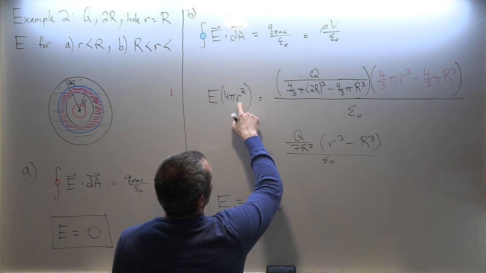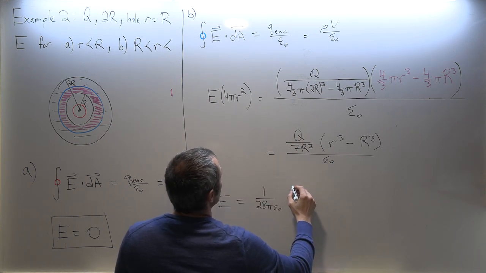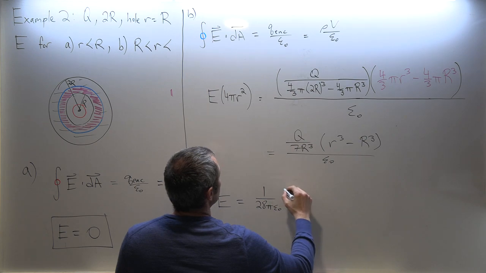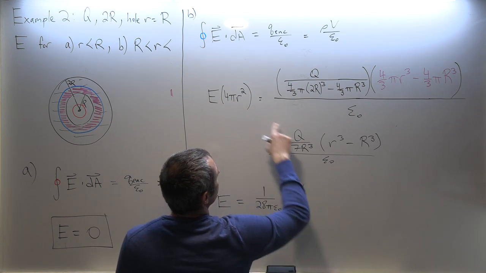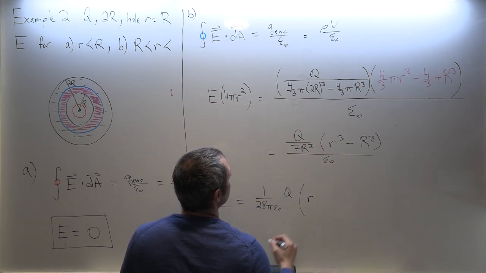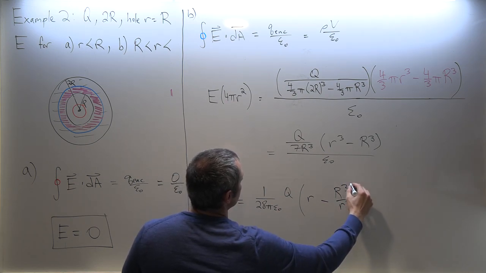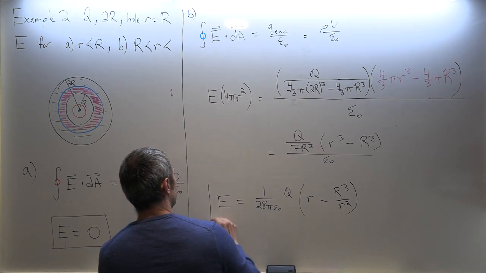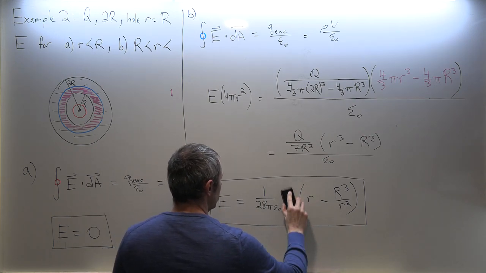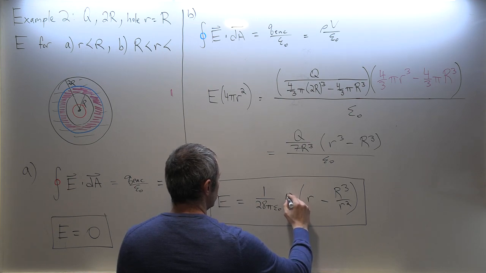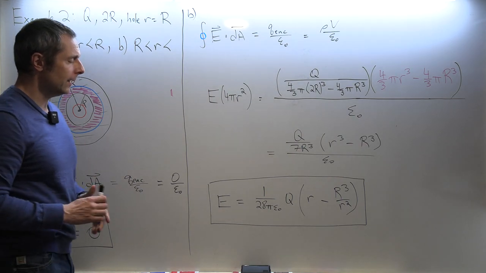Then what I have is the r squared. Let's see, how do I want to write this? What I could do is say I've got q times the r squared, and this r cubed just becomes r, minus the r cubed over r squared. So there's the formula for the electric field. Maybe it would look better if I put that level with the parentheses, or I could put the q on top there. Again, any format that's compatible.